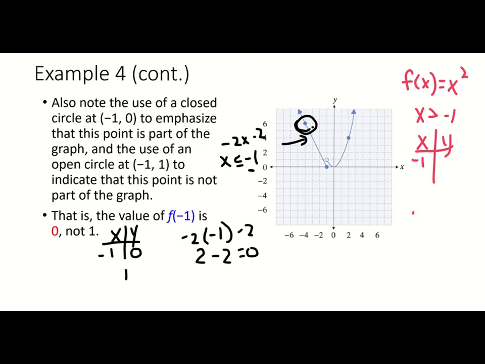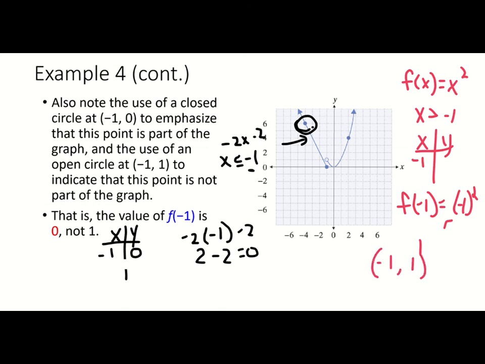So we would do f of negative 1 equals negative 1 squared. So negative 1 squared is 1. So my ordered pair would be negative 1, 1, because what I plugged in for x was negative 1.